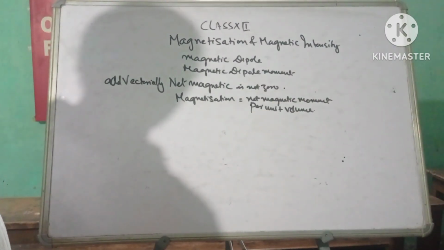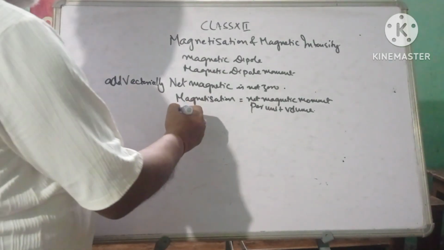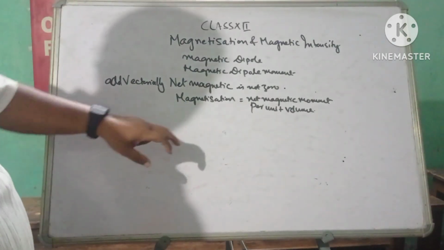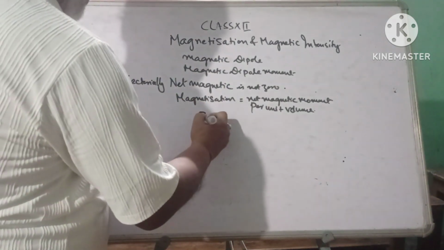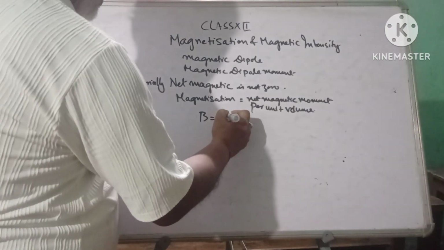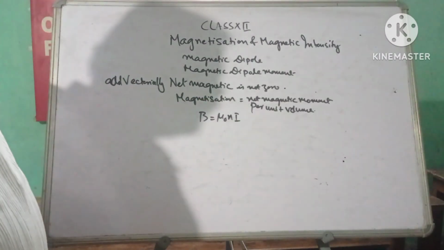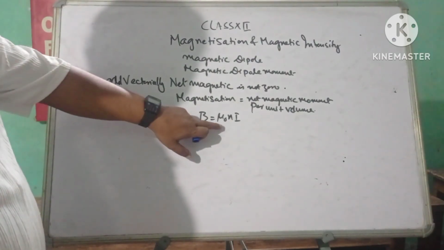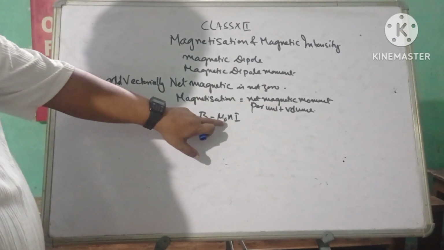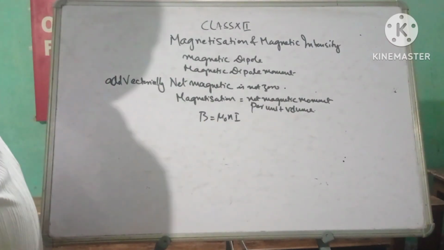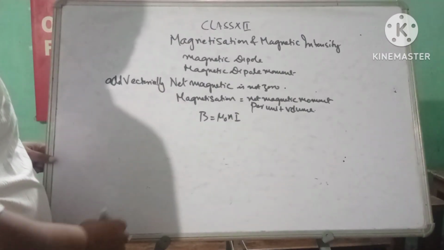Now here we know that the magnetic field inside a solenoid is B equal to mu naught n I, where n is the number of turns per unit length. That is B naught.